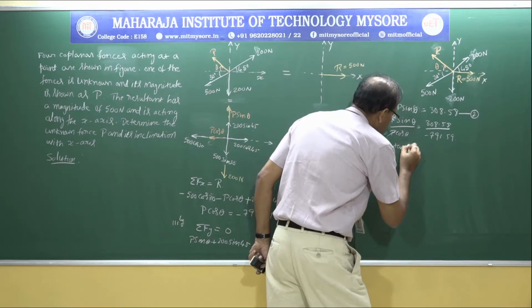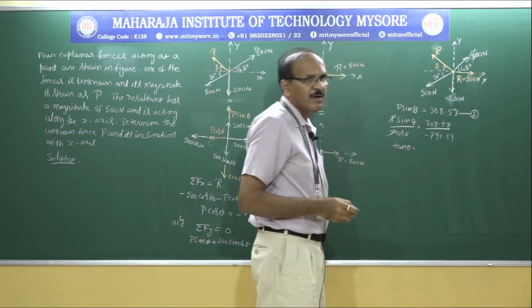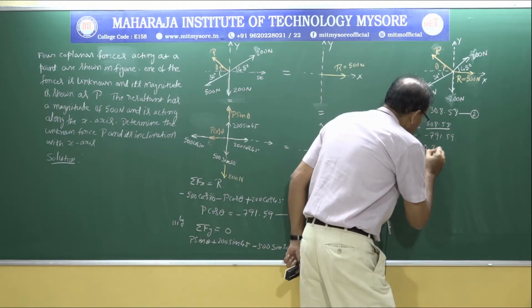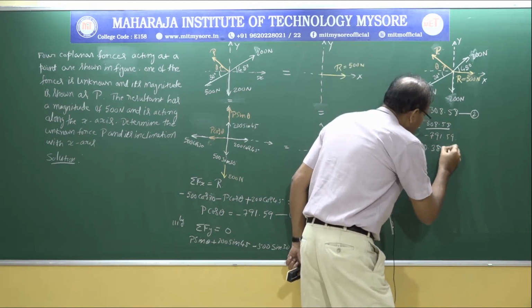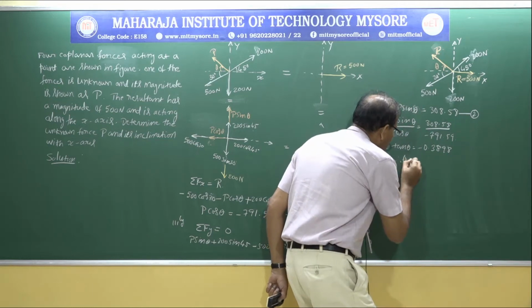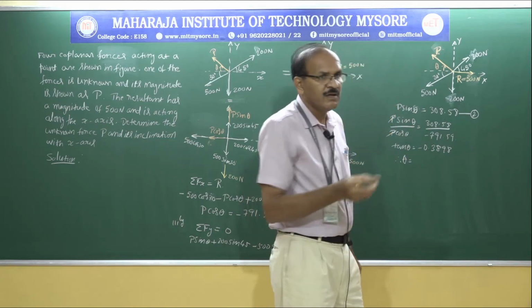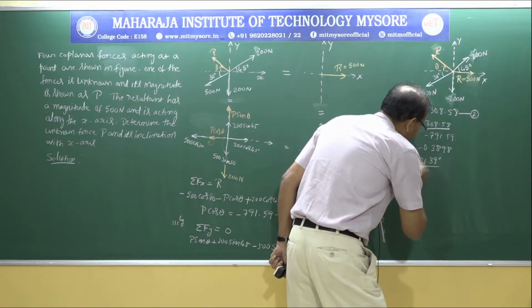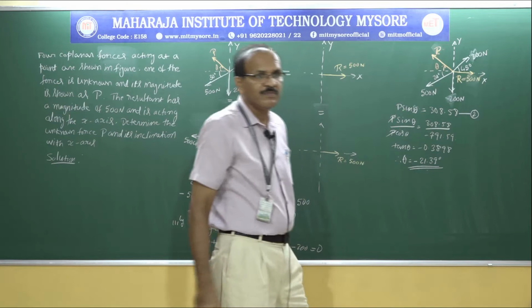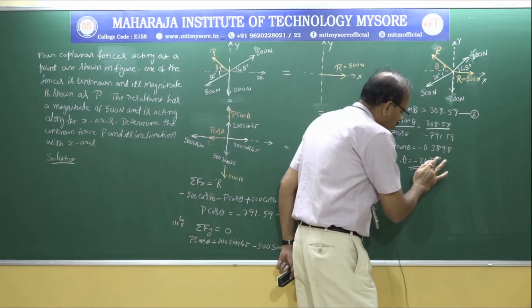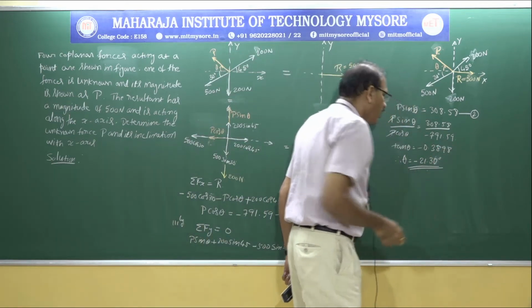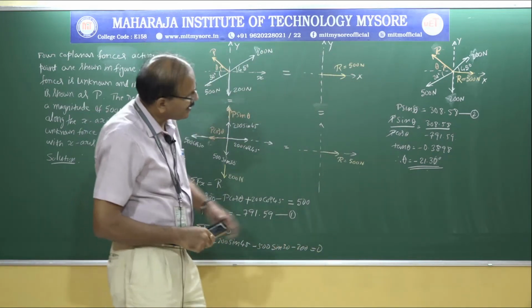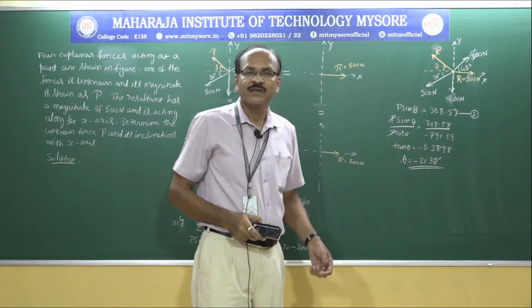So tan theta equal to minus 0.3898. Therefore, theta equal to minus 21.30 degrees, not 39, sorry, 30 degrees. That is the value of angle theta.